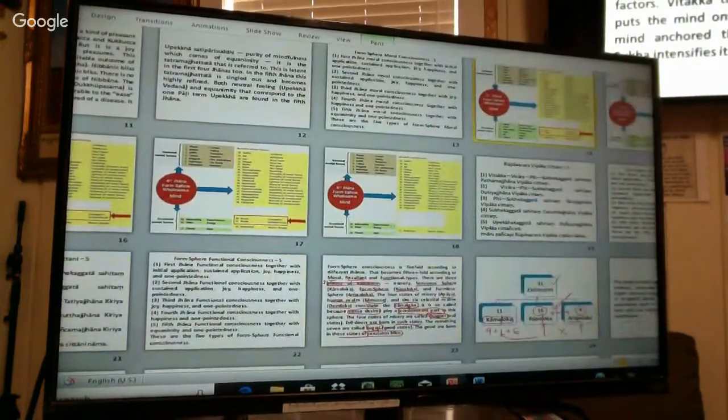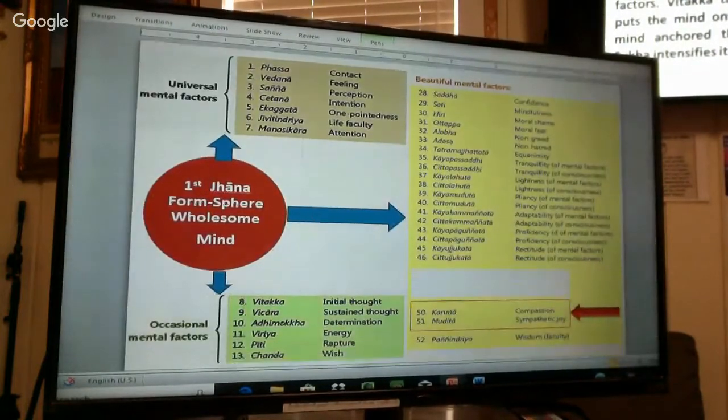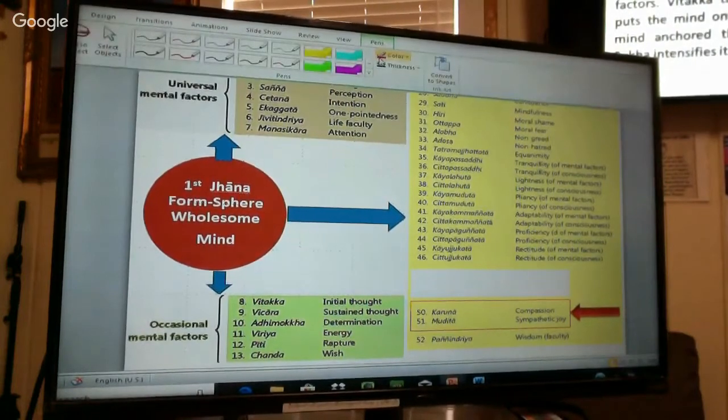So maybe you remember what I showed here. The first jhana, for example, works like this. Not only the 5 jhana factors, but many other different mental factors are working.